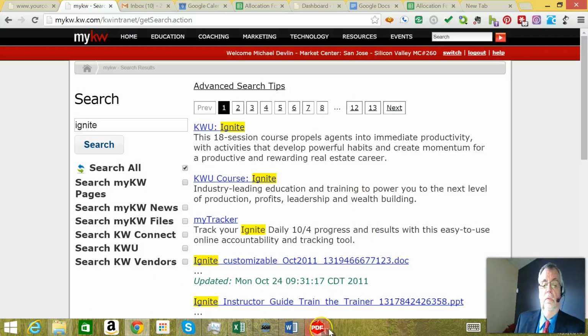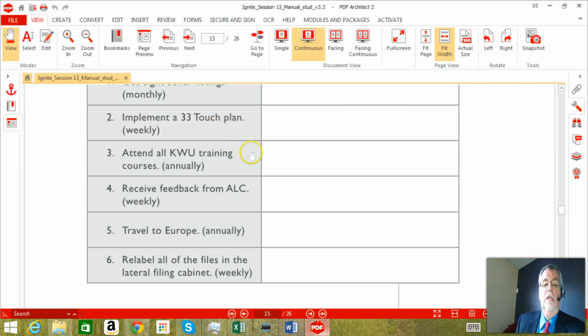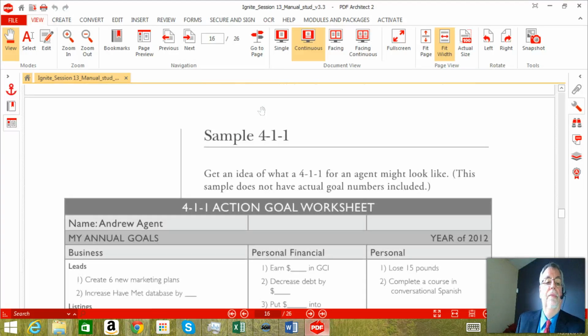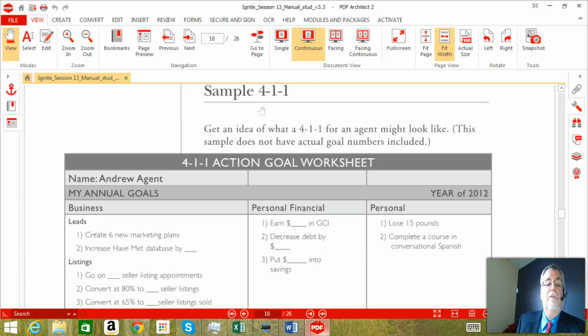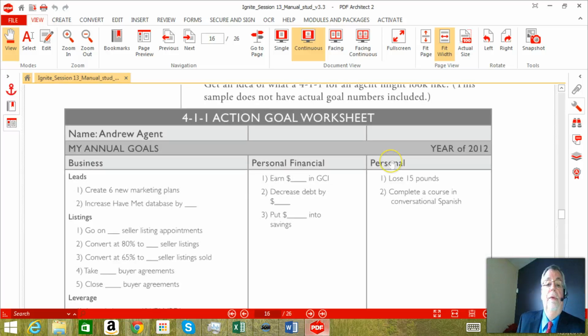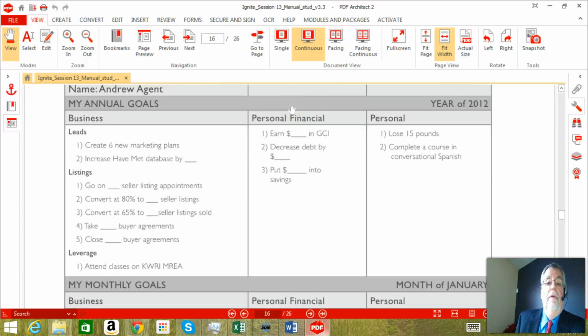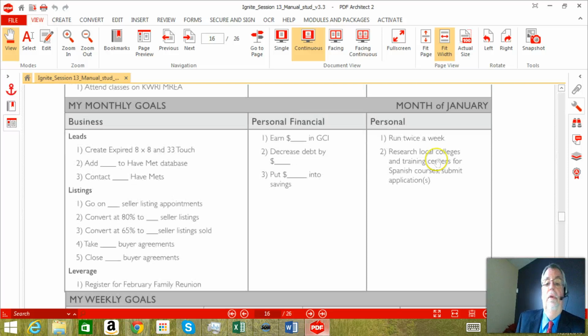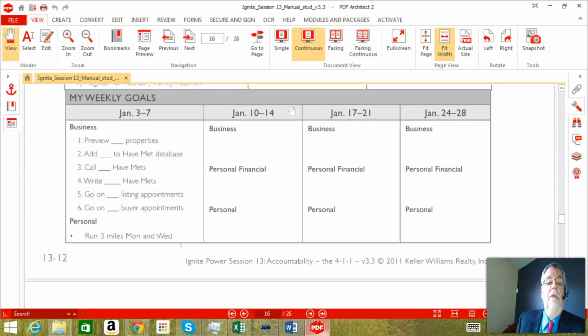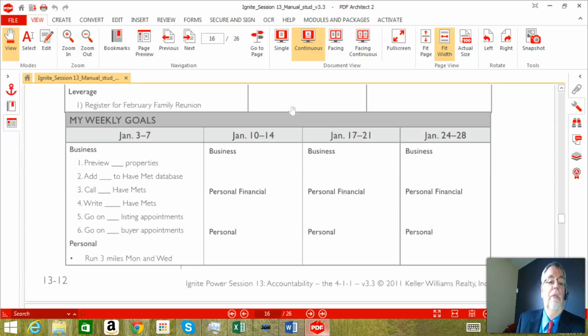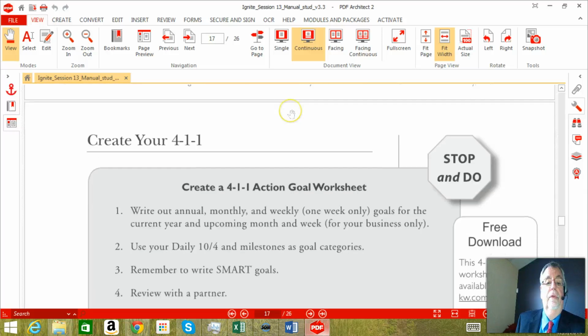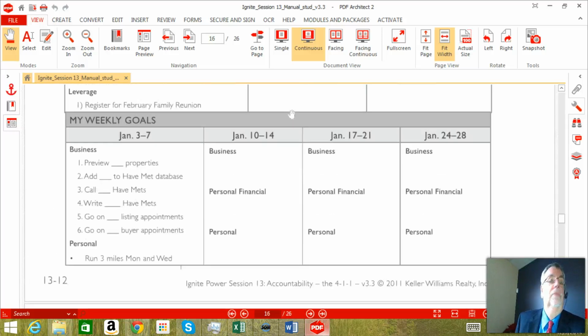And this particular one has a sample 411, and it could be used for personal, financial, business. You see this example, and it even breaks it down to some samples for weekly goals. Right?